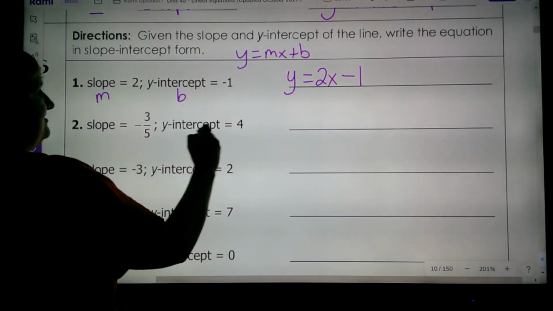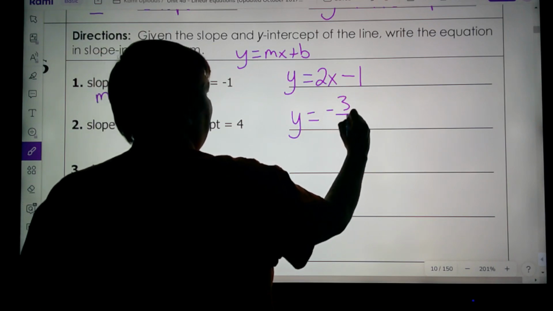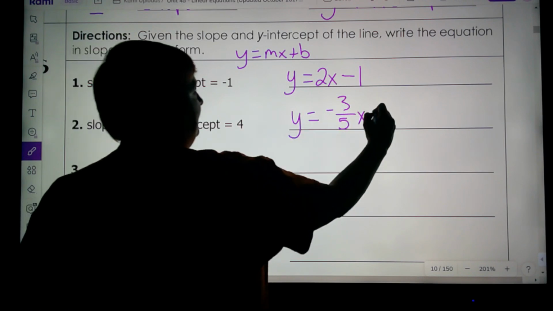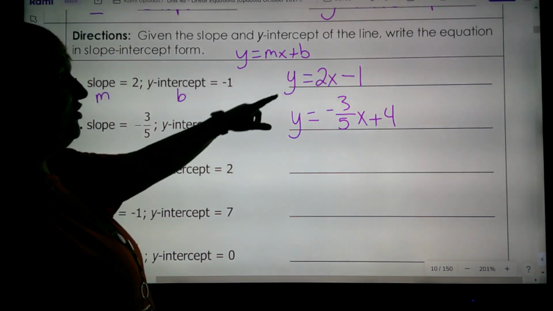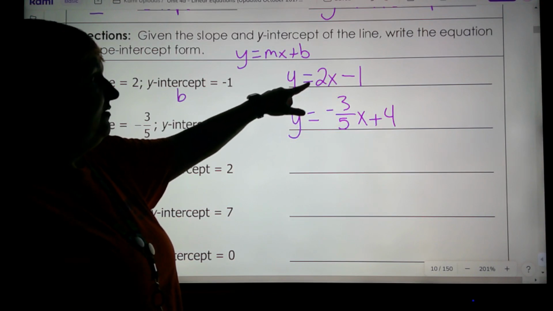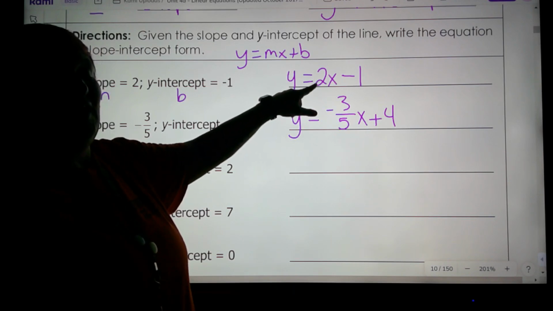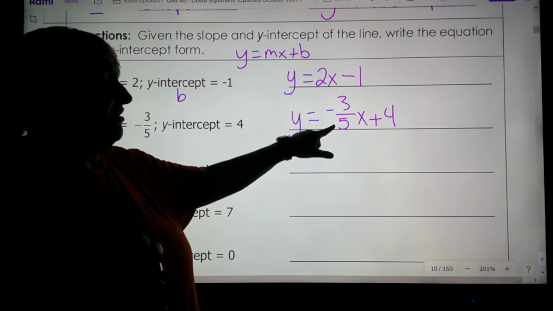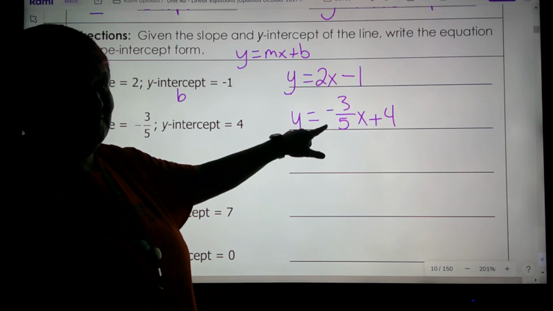Your m is -3/5 x, don't forget your x, and your y-intercept is +4. Looking at these two equations, I can already tell you something. Because our m, our slope, is +2, I can tell you that it's a positive slope. It's going uphill. Because our m is -3/5, it's a negative slope.